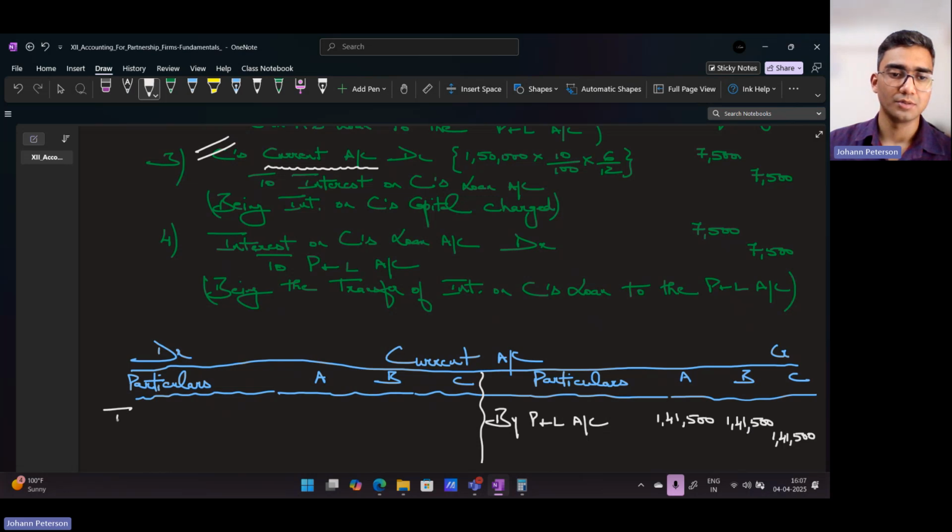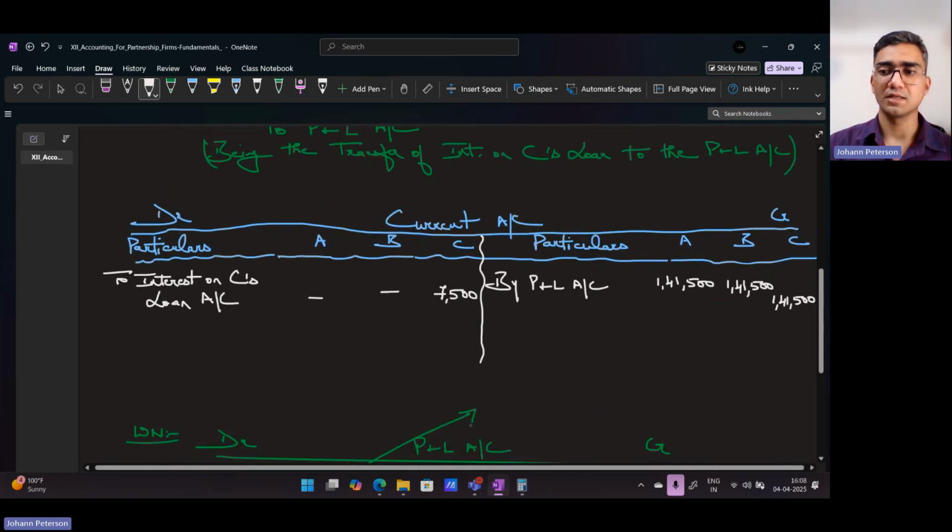So I'm going to write to interest on C's loan account. And I'm going to show this under the column for C. Amount is 7,500. Since nothing else will come, let's close this account.